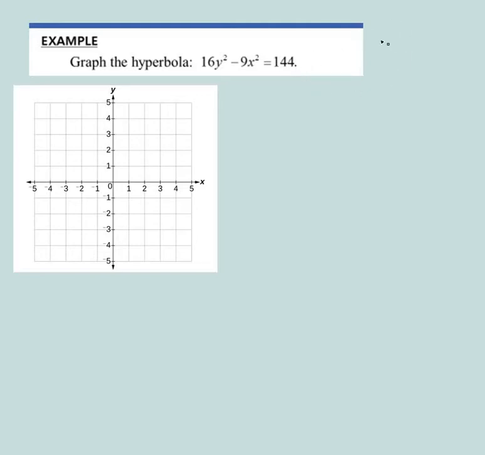In this case, it has to look like y squared divided by a squared minus x squared divided by b squared is equal to 1. So like we did in the previous program with the ellipses, we take 16y squared minus 9x squared equals 144, and we divide everybody by 144.